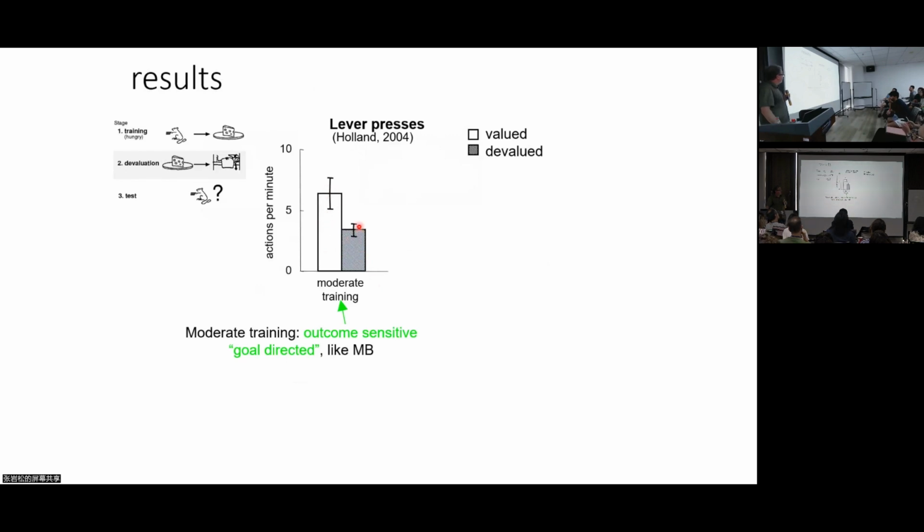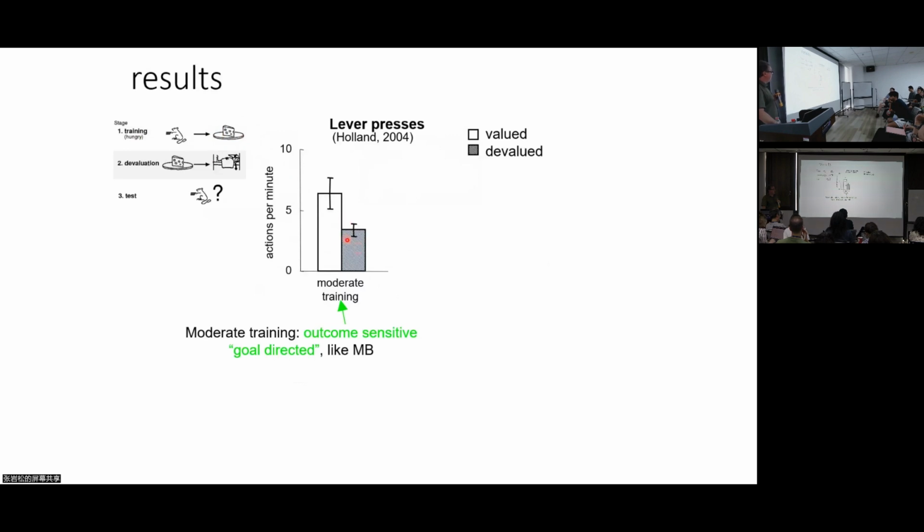This is a case where the animals have been moderately trained, so in the first step, they've maybe lever pressed for 3 sessions or something. What this shows is that the decision to lever press takes account of some kind of representation of the outcome. It's dependent on whether or not the animal wants the outcome.